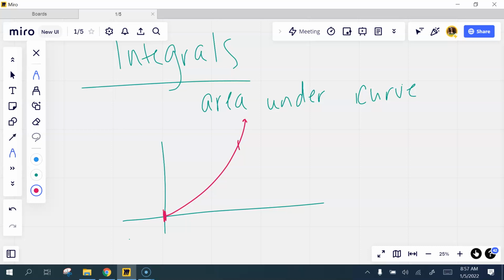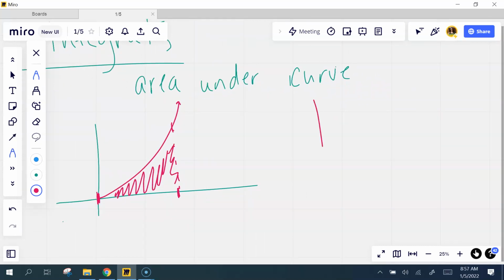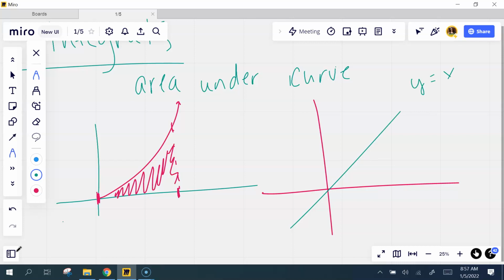So if I wanted the integral between these two values, what I'm doing is I'm finding this area. And if it's in a shape that you know, in other words, if I had, let's say, a linear function, y equals x, and I wanted the area from x equals 0 to x equals, we'll say 2, then what is that?